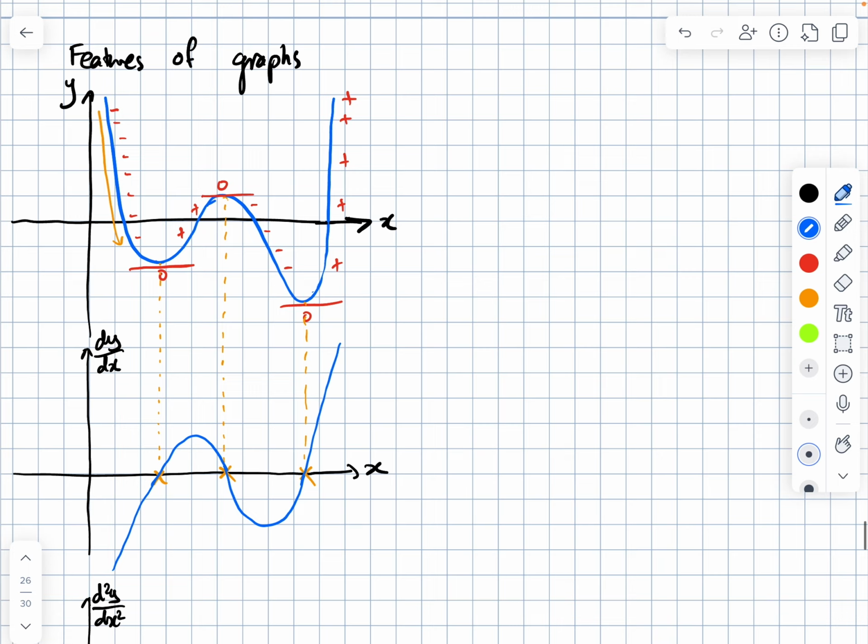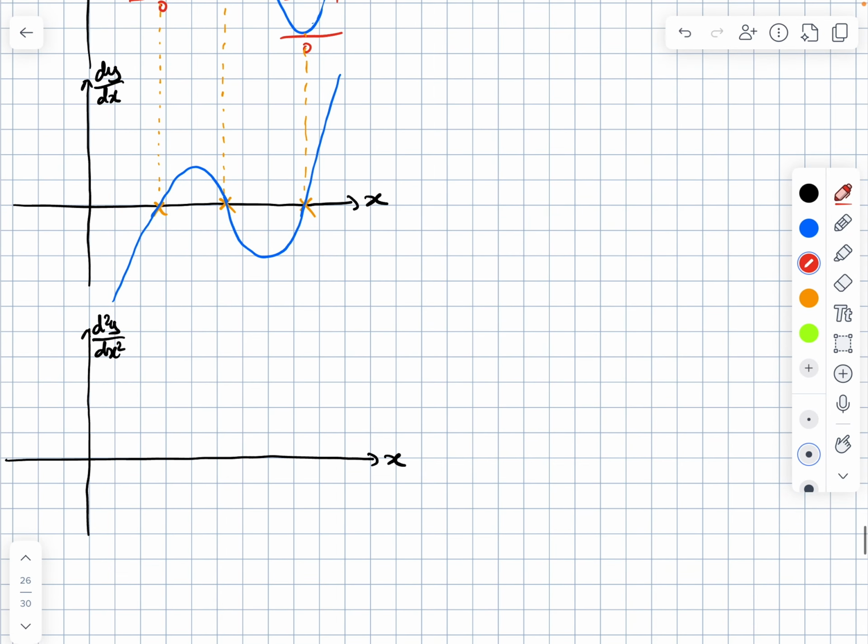We're now going to do this again for the gradient graph to give us the graph of the second derivative. Identify what the gradient's doing, so it's positive until here when we get 0, then negative, 0, then positive again. We're going to draw down where the gradient is 0. That's there. And here.